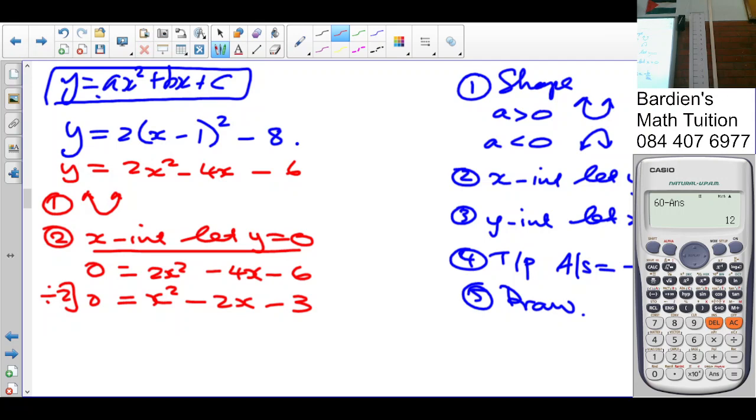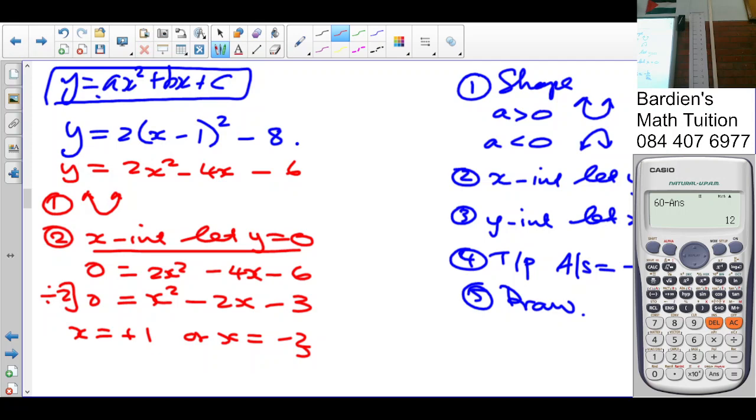So what do your x values work out to be? x equals negative 1 or x equals 3. You all agree with that?